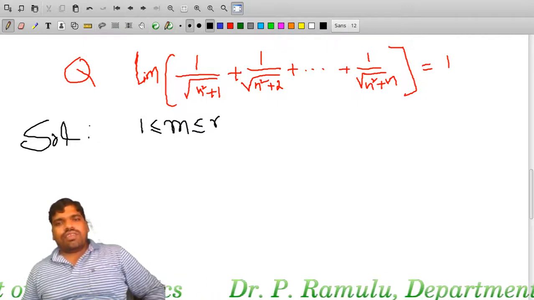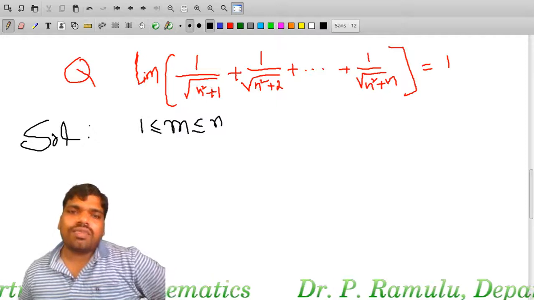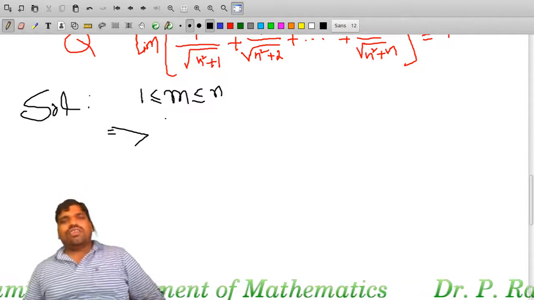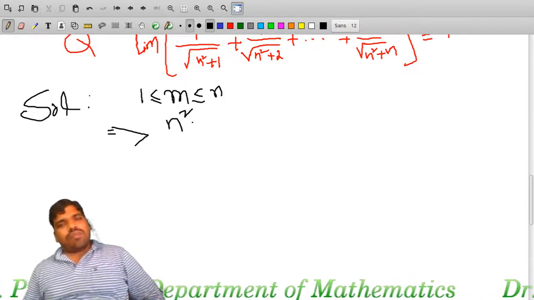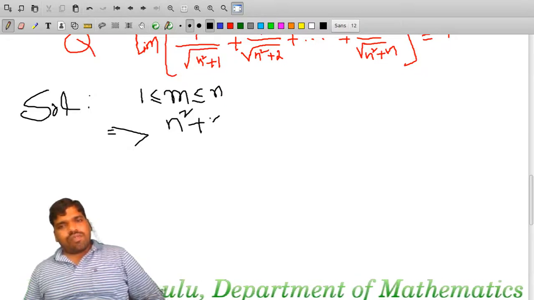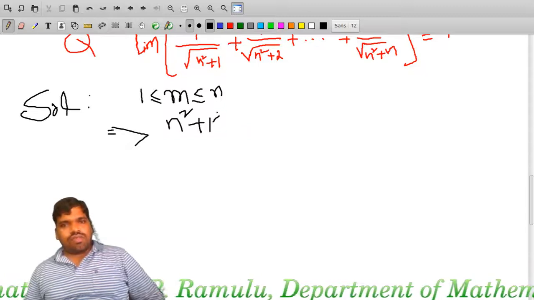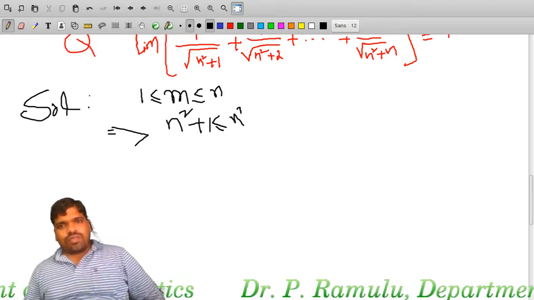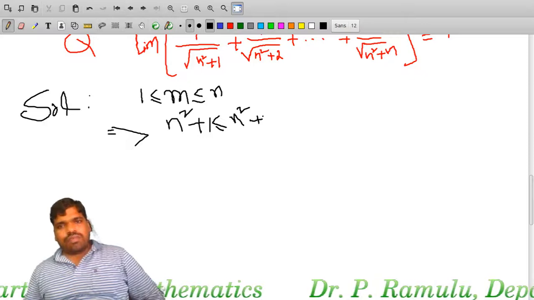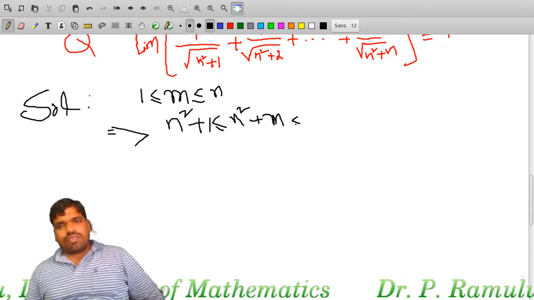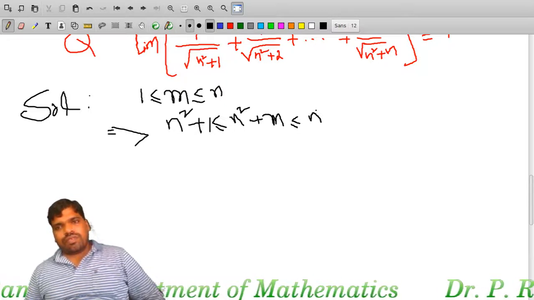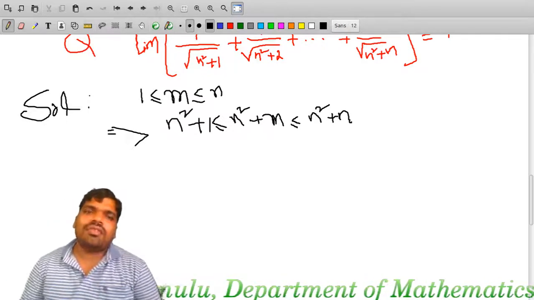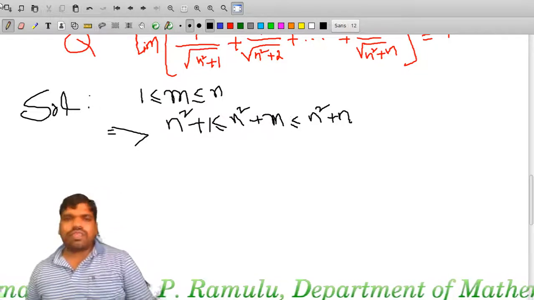Here we have n square, that's why I am adding n square to both sides. n square plus 1 is less than or equal to n square plus m, which is less than or equal to n square plus n, right?